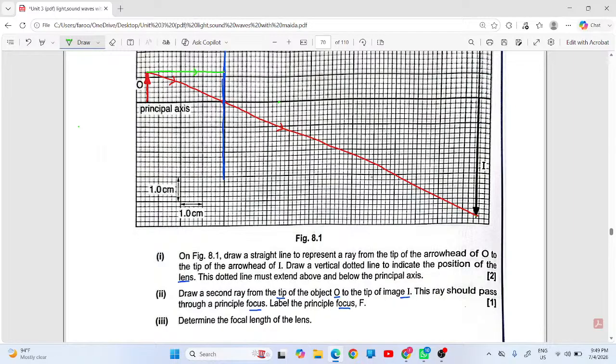So you have to see where the line should be placed, using a ruler, so that it exactly coincides with the tip of the image.